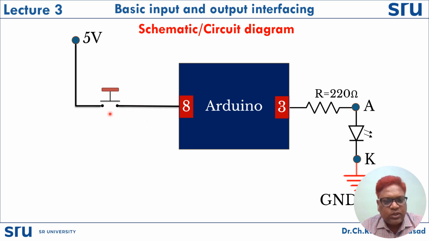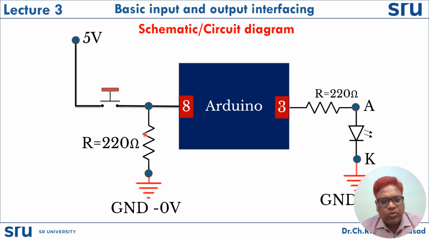If the switch is pressed, the 5 volts is coming here. But when you open the switch, a garbage value is available at the 8th pin. In order to overcome this problem, we normally provide a ground signal, another 0 volt signal, through a 220 ohm resistor. So this is the interfacing of a push button switch with Arduino UNO.